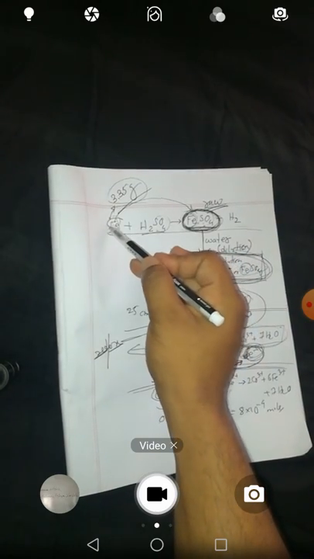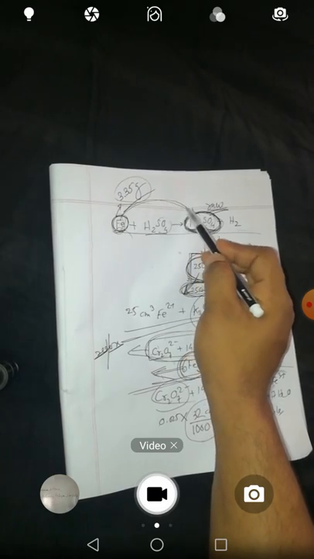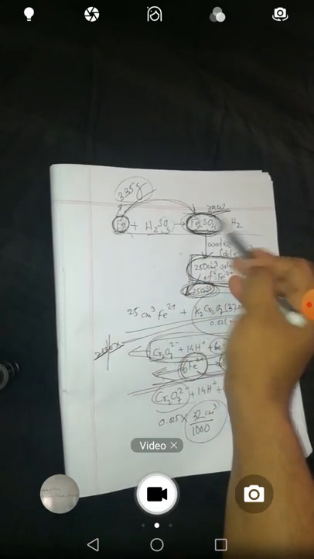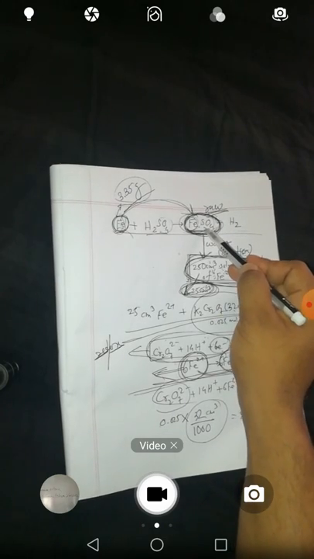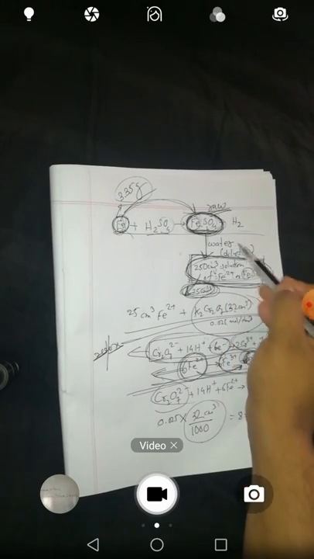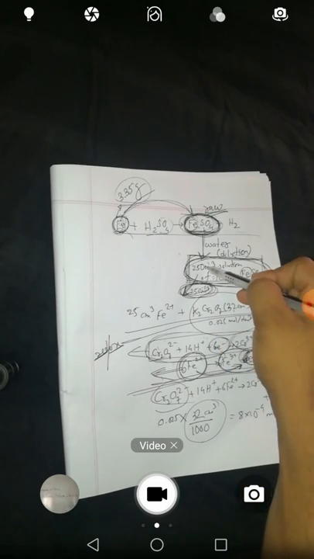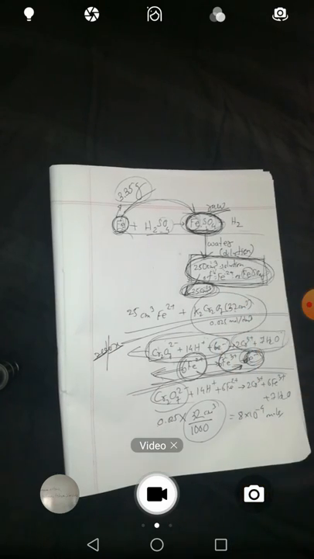That means the number of moles of iron present here is the same as the number of moles of iron present here, and since this solution is simply the diluted version of this, the number of moles of iron present here is also equal to the number of moles of iron present here.